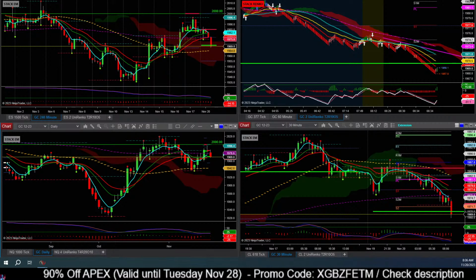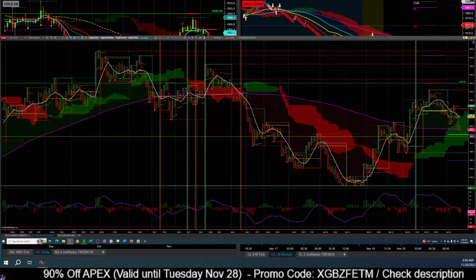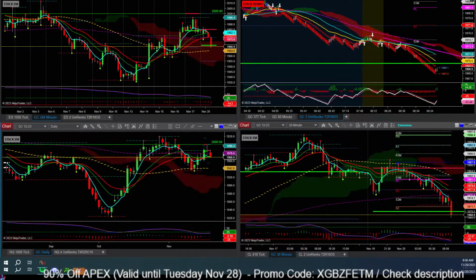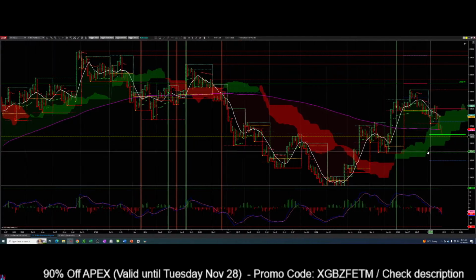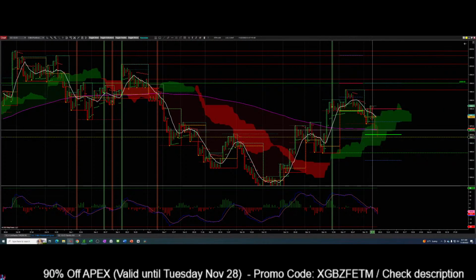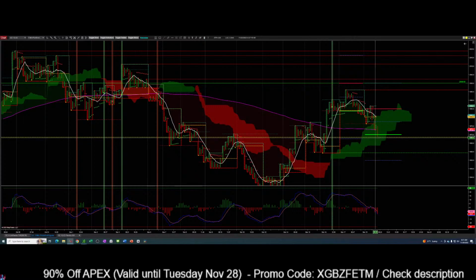Let's go to the other chart. So there was a pivot here, and that's why we put that level there. So I'm happy. And then we are in the cloud in the point and figure chart. So let's see what it does at this level. If it fails, it can come back here, and we could look for another pivot low.